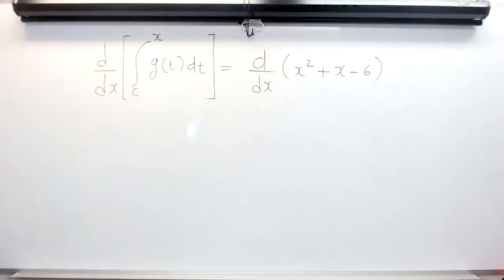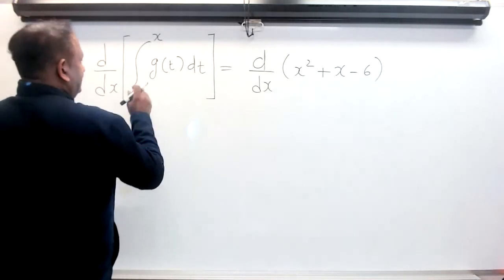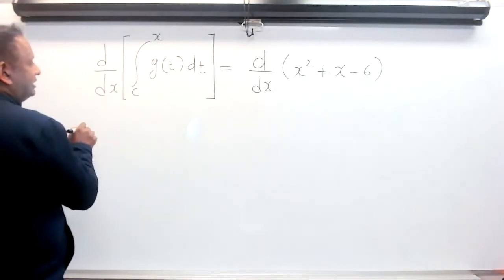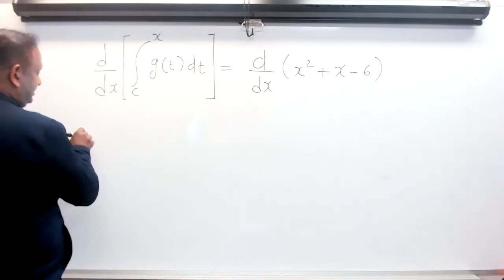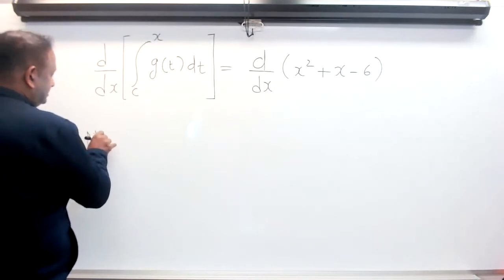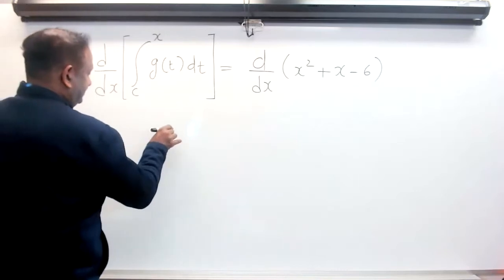What do you think? If you integrate, what do you get? What does the formula say? Forget what the formula says. I'm going to write here a note of something like this.